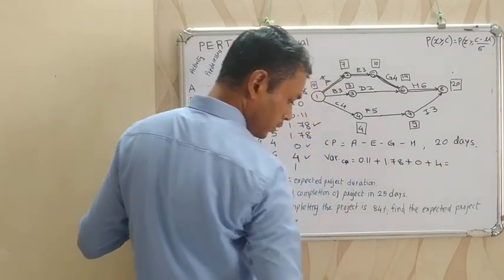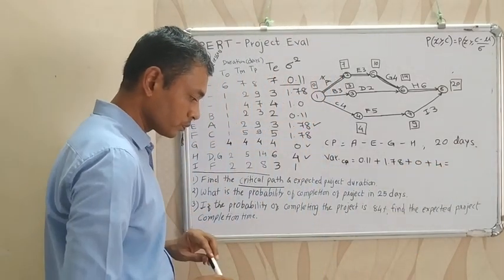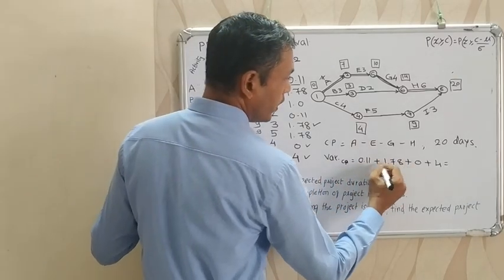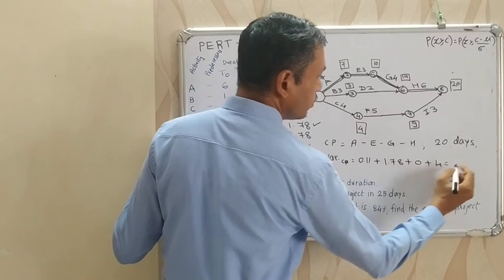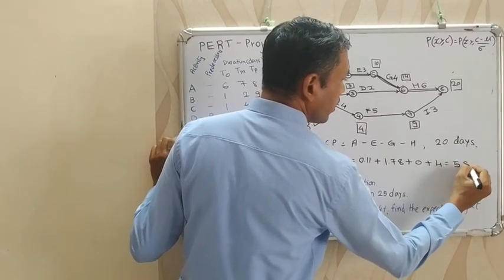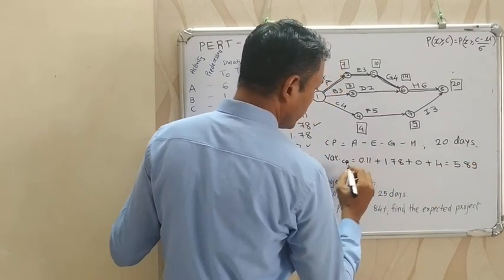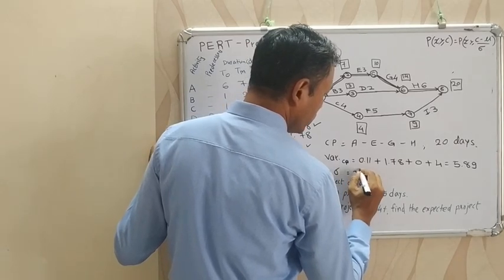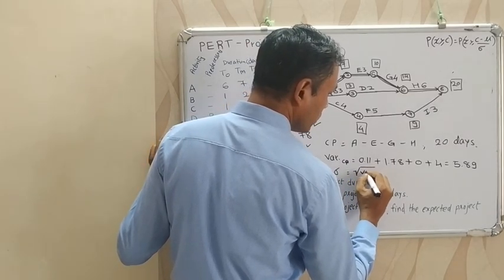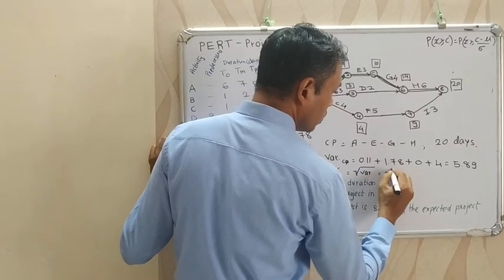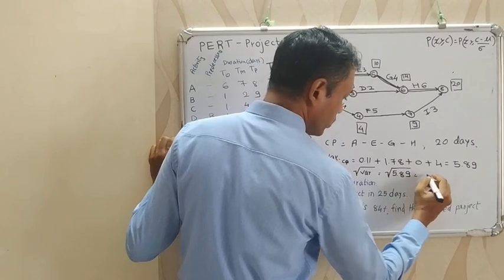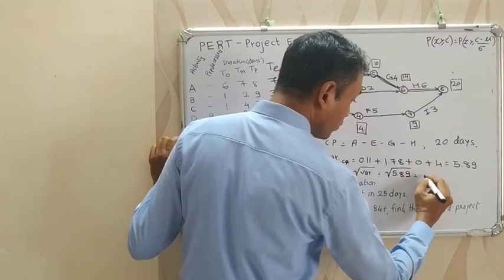So total variance is equal to 5.89. And so we can say that standard deviation is equal to the square root of variance, so it is the square root of 5.89, and so it is 2.43.